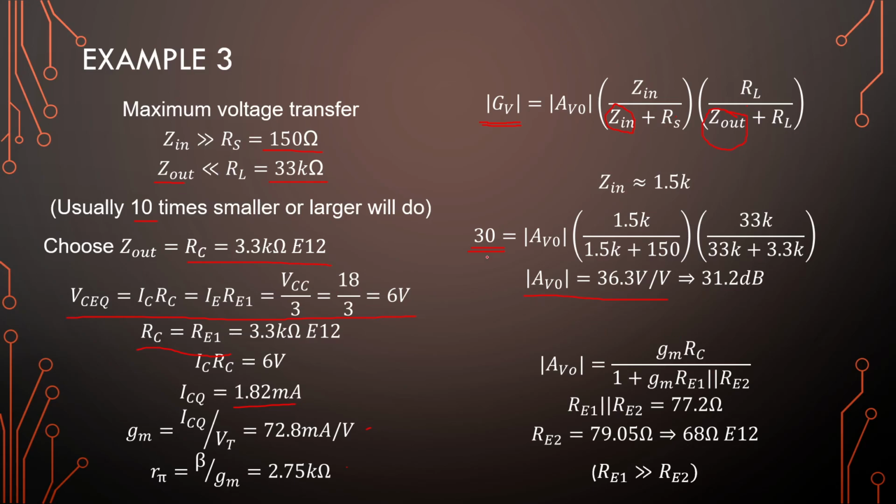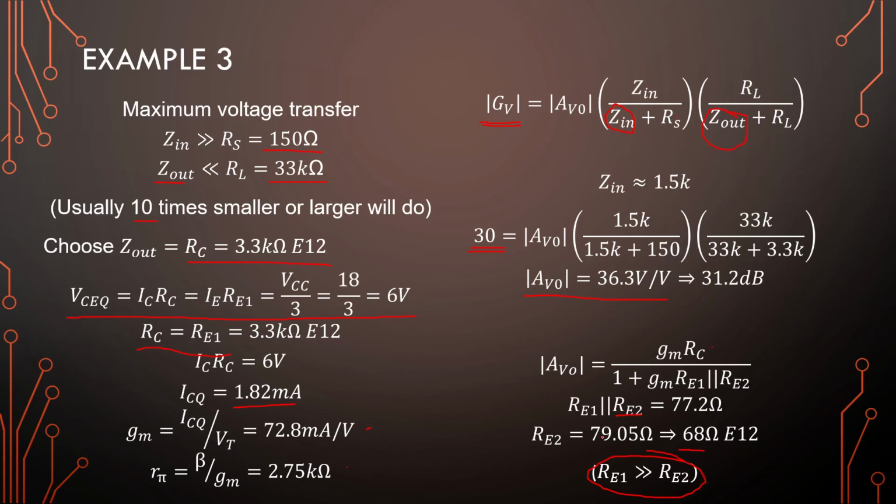Right. So since that is the AV0 we're designing for, we can calculate our small emitter resistance, and this is 77.2 ohms, 79.5, and you will see that this approximation would have been true again, and we choose it downwards at 68.